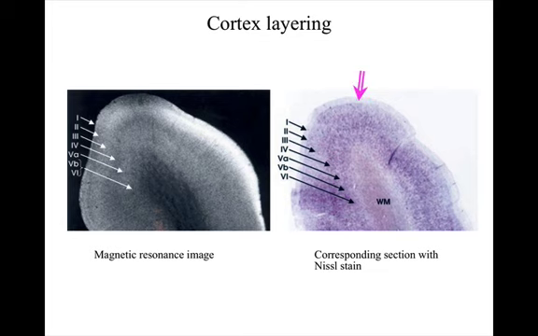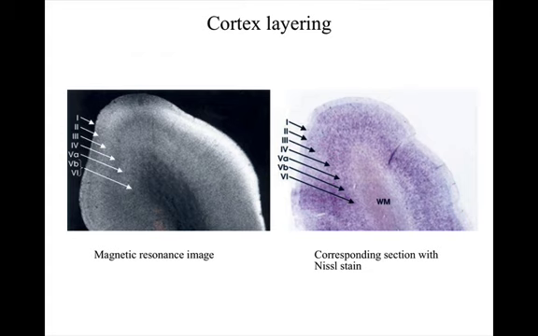Layer 1 on the outside, closest to the skull, is mainly axons, so it looks white in this Nissl stain. Layer 2 typically contains lots of relatively small pyramidal neurons. Layer 3 contains pyramidal neurons that increase in size as you go from the boundary with layer 2 down to the boundary with layer 4.